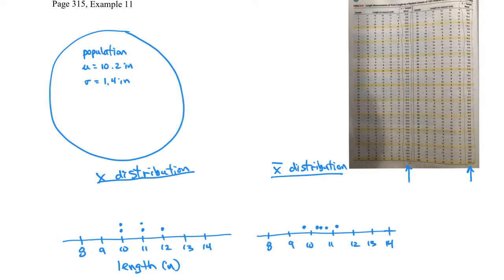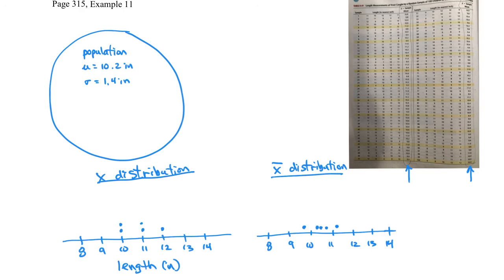So the standard deviation here is going to be smaller. These are not going to vary as much, because the extreme values on either end will tend to get averaged out, since they're going to be averaged with 4 other values, which are not likely to all be extreme.